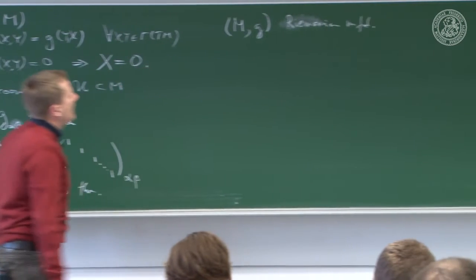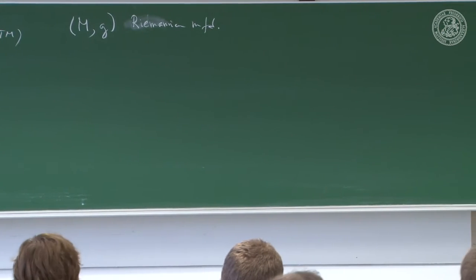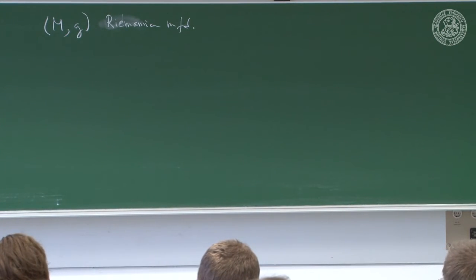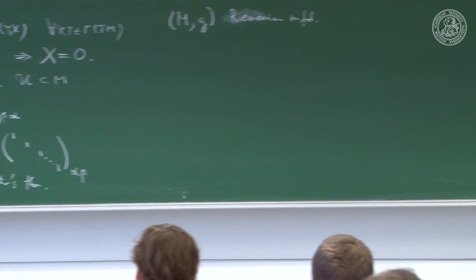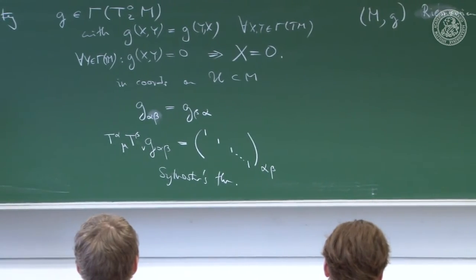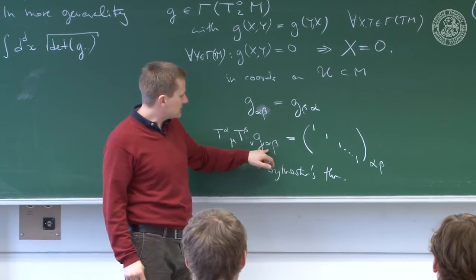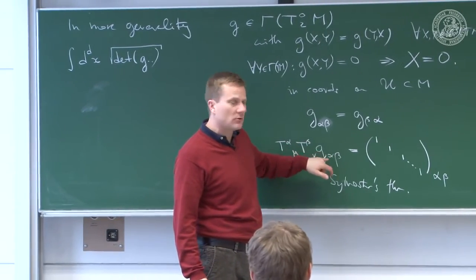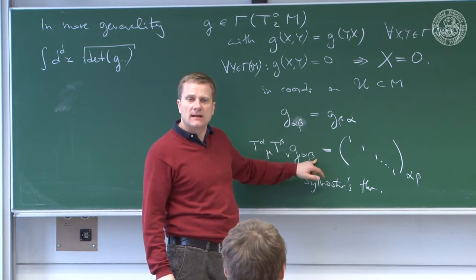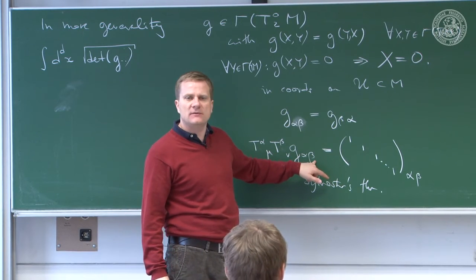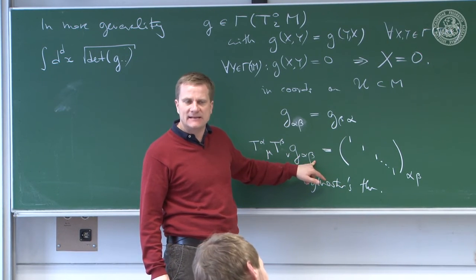Okay? And one of the things a Riemannian manifold gives us is such an object. I can take the determinant of this guy, which is funny at first sight because normally we take determinants of endomorphisms, index up and down, but this is a bilinear form. Nevertheless, we can take the determinant in any frame and get a number.